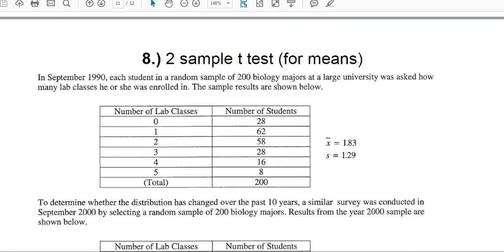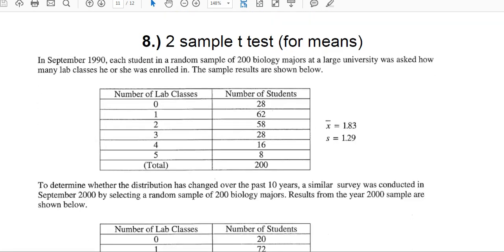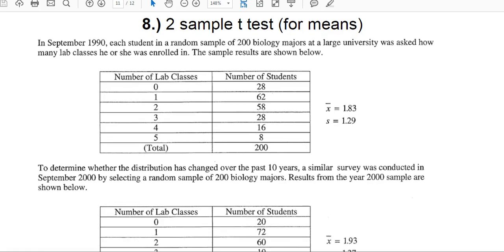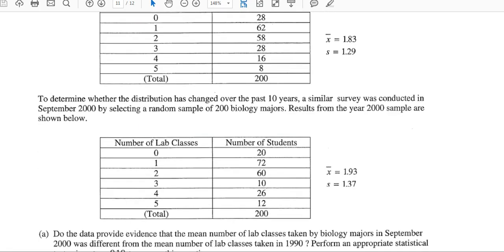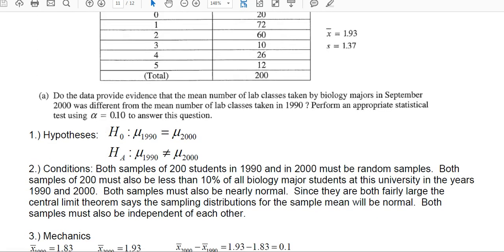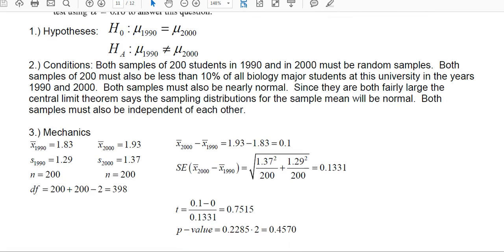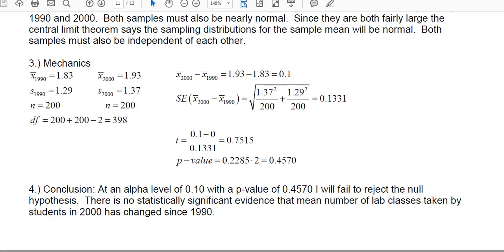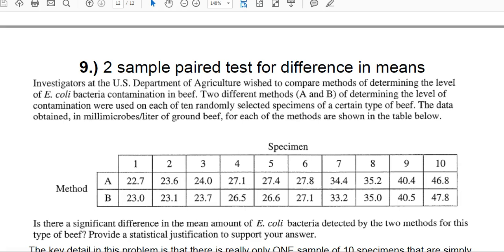Here's an example of a two sample t-test. And finally, here's one of those two sample paired tests for the difference between two means.